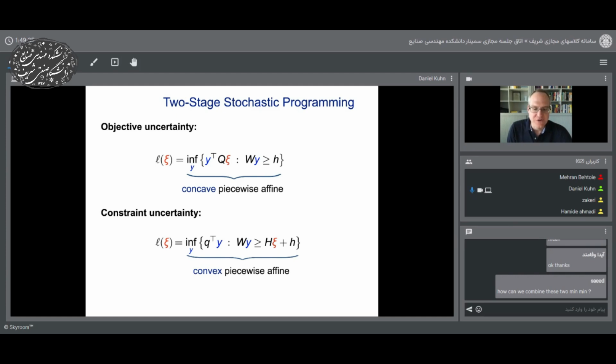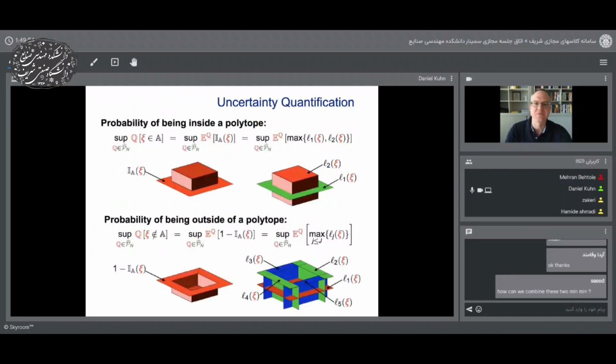And if the uncertain parameters are in the constraints, then L of Xi is actually a convex piecewise affine function. That means in both cases, we can find an exact tractable reformulation of the worst case expectation problem. So these techniques can be used not only for single stage stochastic programming, but also for two-stage stochastic programming. We can even use this technique for finding worst case probabilities of some sets.